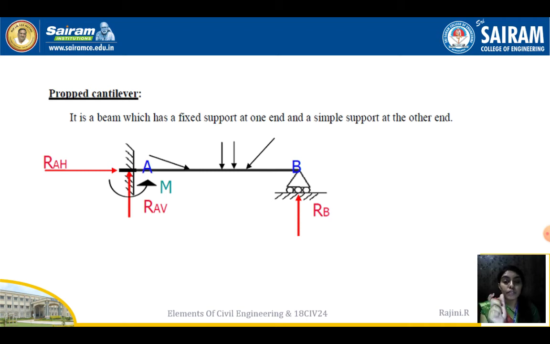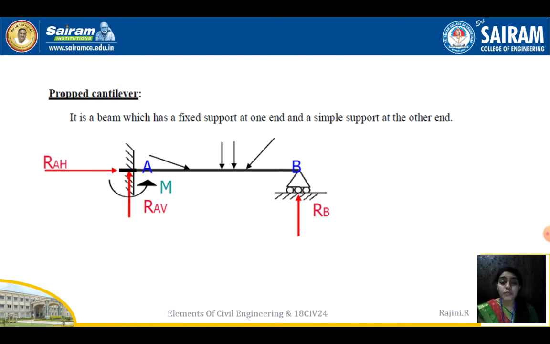We are just placing different supports here, right? We have four types of supports, and we are just placing the supports at the ends of the beams. So in the propped cantilever you can see a fixed support on one side and a roller support on the other side.